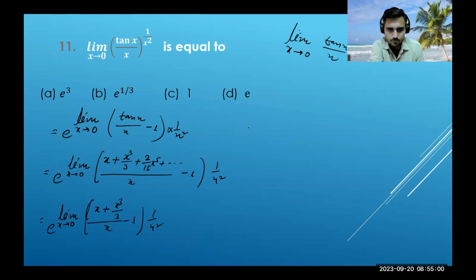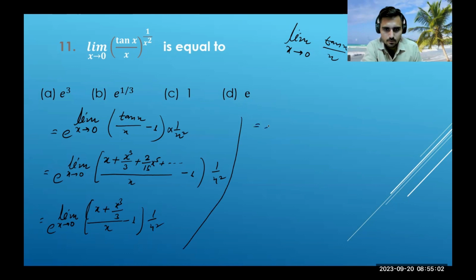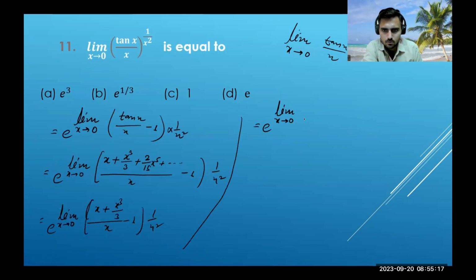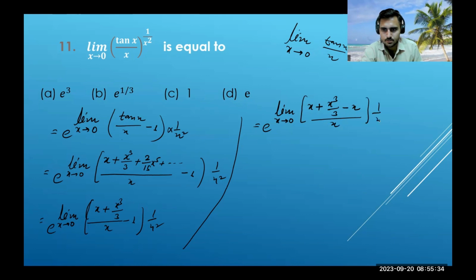So I write here limit x tends to 0, we'll take LCM, x plus x cube upon 3 minus x upon x square.